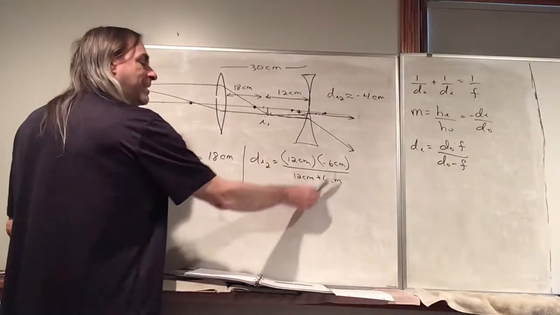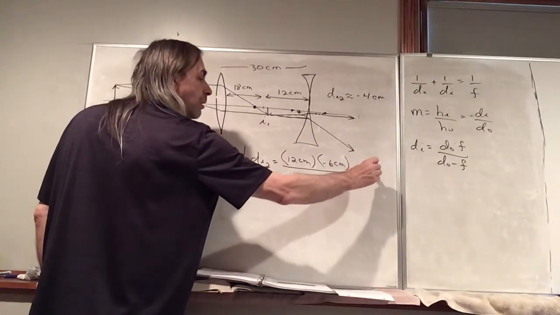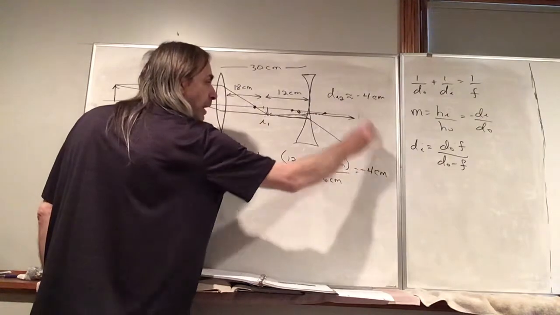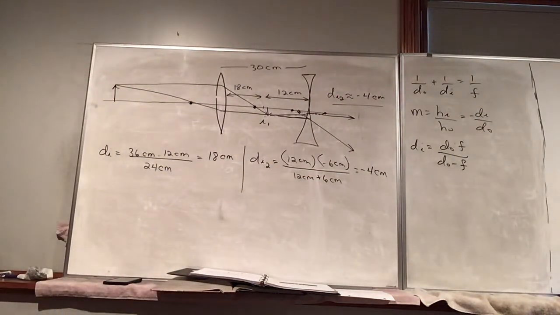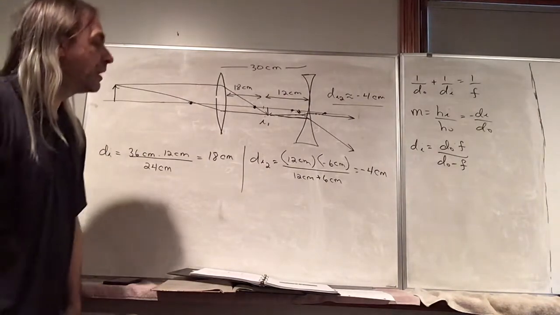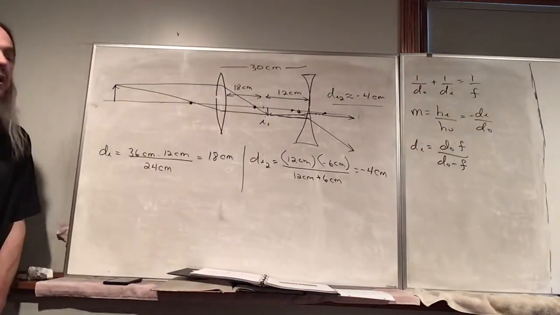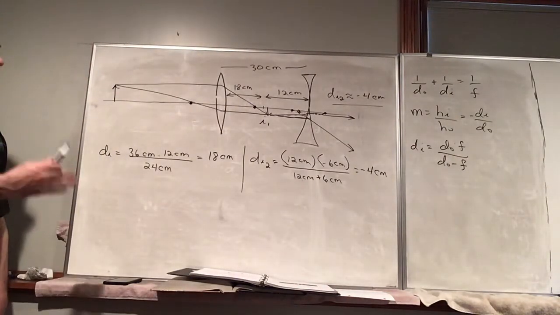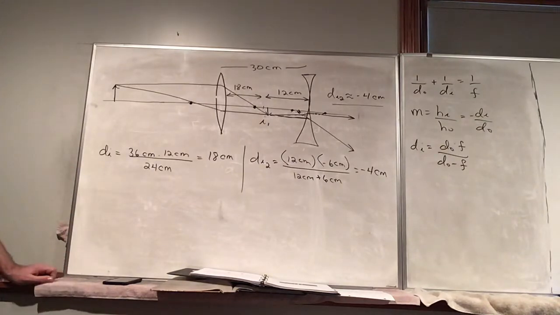And 6 over 18 is 1/3, 12 over 3 is 4. So yeah, getting exactly what I guessed from the ray diagram. Numbers worked out nicely, it was set up that way. So the final image is 4 centimeters, it's a virtual image, 4 centimeters to the left of the converging lens.